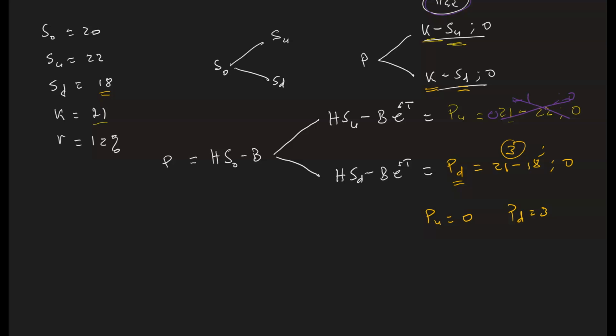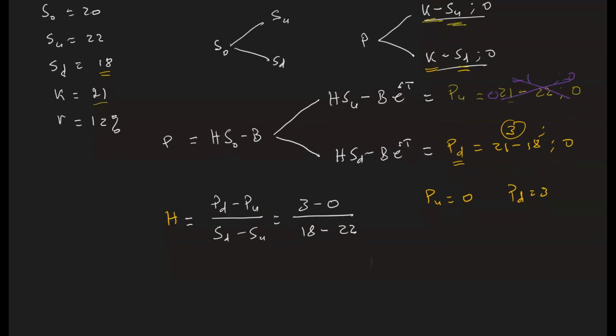So our hedge ratio, or H, is going to be equal to put down minus put up divided by stock down minus stock up, which is equal to 3 minus 0 divided by stock down 18 minus stock up 22.